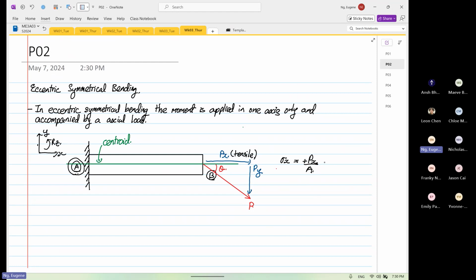So usually the generic formula is minus Mz over Izz multiplied by y. Okay, so that is the formula.